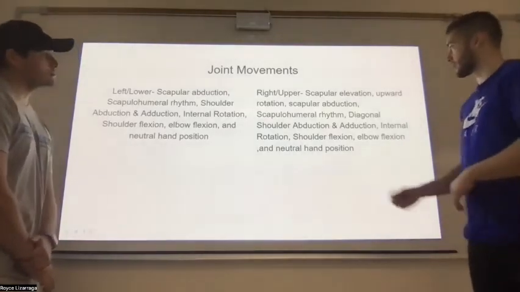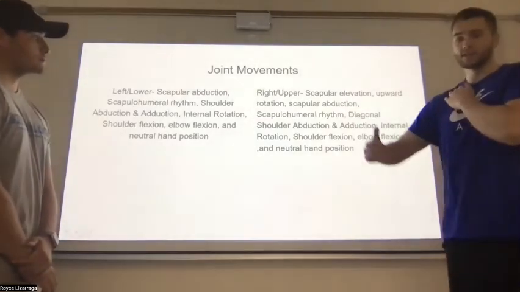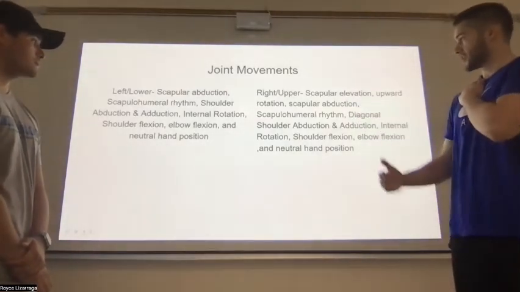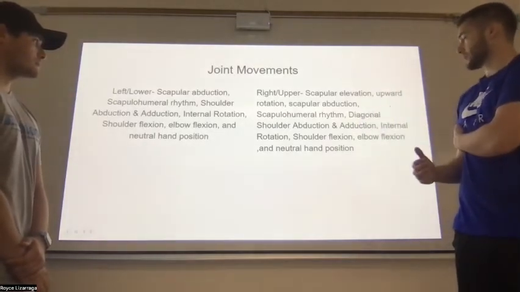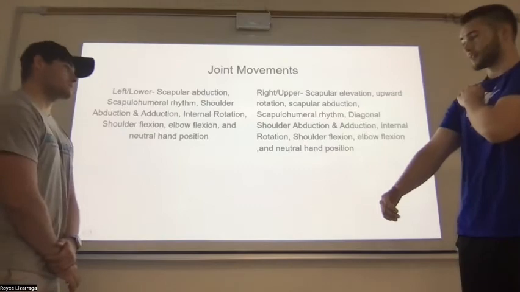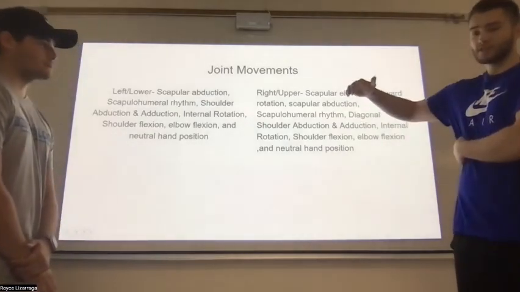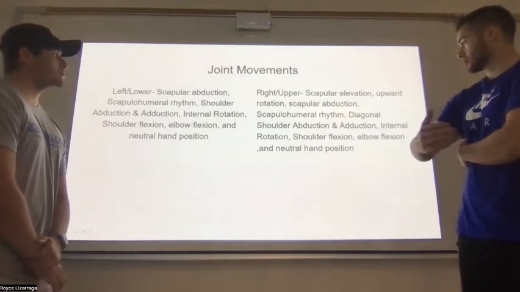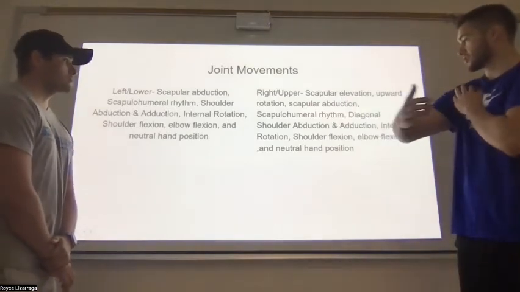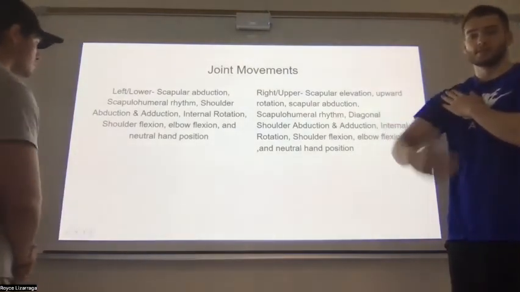On the right side, or upper arm, we have scapular elevation, upward rotation, scapular abduction, scapulohumeral rhythm again with the scapula and shoulder working together, diagonal shoulder abduction and adduction, internal rotation, shoulder flexion, elbow flexion, and neutral hand position.